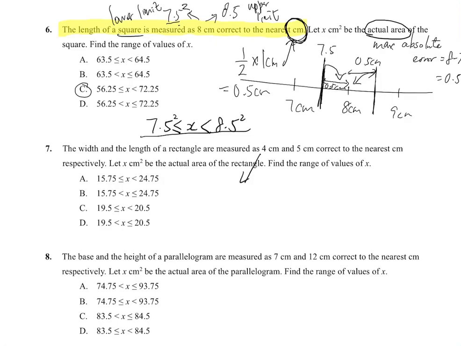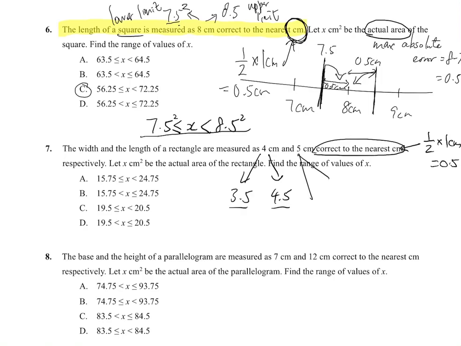Then the same will be applied to number 7 and number 8. So the lower limit and the upper limit are 3.5 and 4.5. Why? Because it's corrected to the nearest cm. So we are just converting that measurement, which is 0.5. So 0.5 less than 4 is 3.5, and 0.5 more than 4 is 4.5.